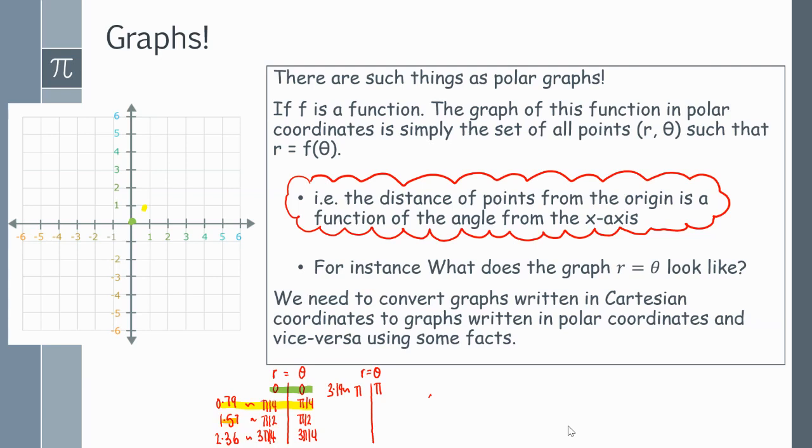At the angle of pi on 2, remember I would be at the vertical y-axis, the positive part of that axis, and I'm going to be 1.57 units up that axis. Somewhere here. Next, I have 3 pi on 4 as my angle. So that will be in the second quadrant.